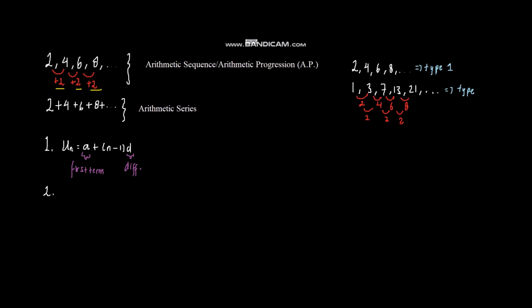So this is type 2 because we do this method twice to get to a constant difference. Just think of it like this: 1, 2. So this is type 2. Oh, sorry, I forgot to write 2. Okay, type 2.